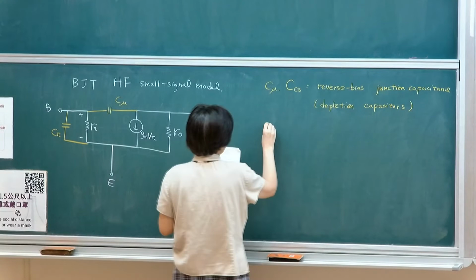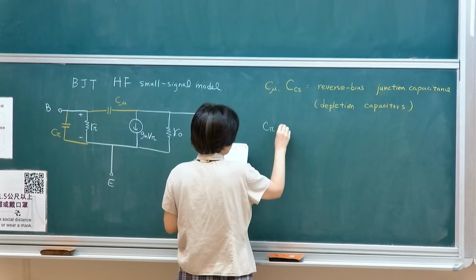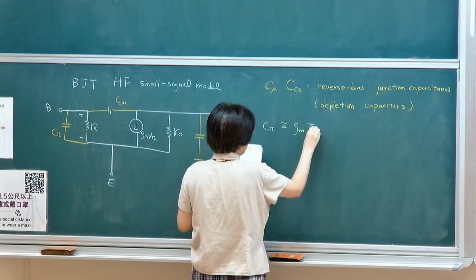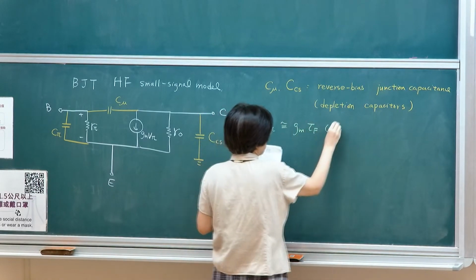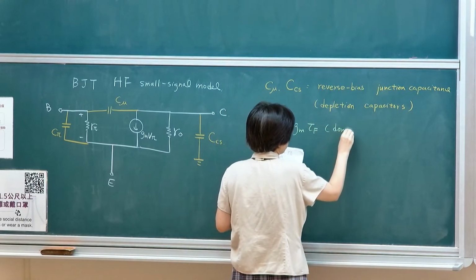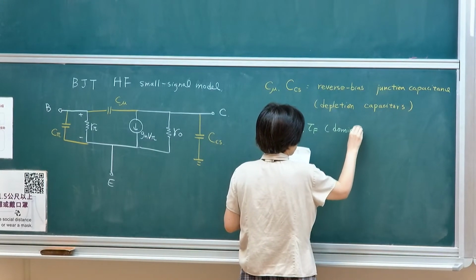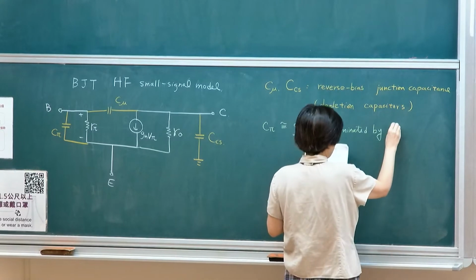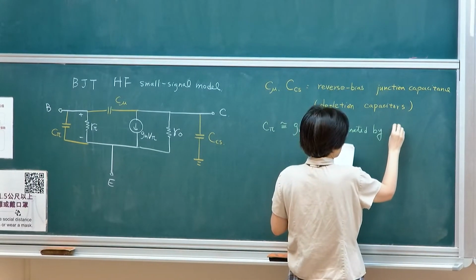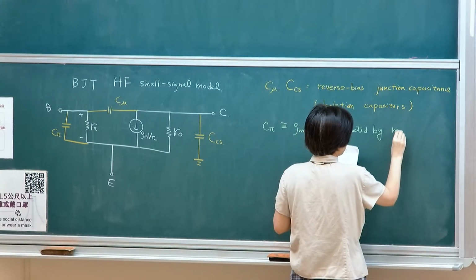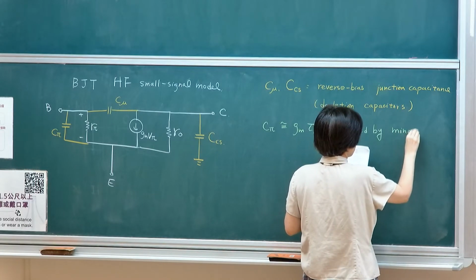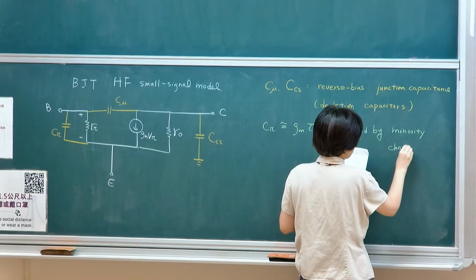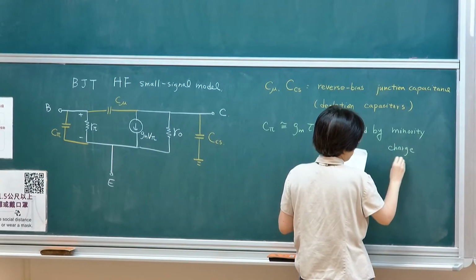As we said, for C mu you can use tau f. It's dominated by diffusion charge, the minority charge in the base.